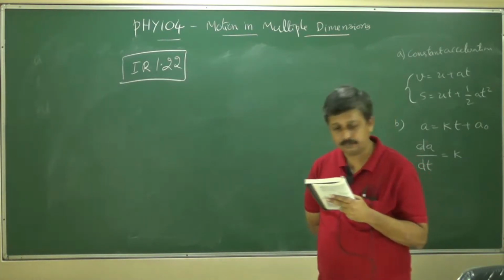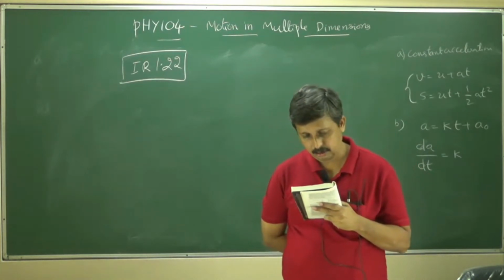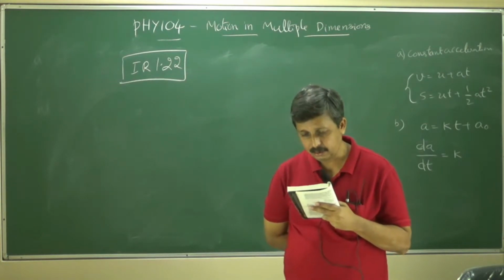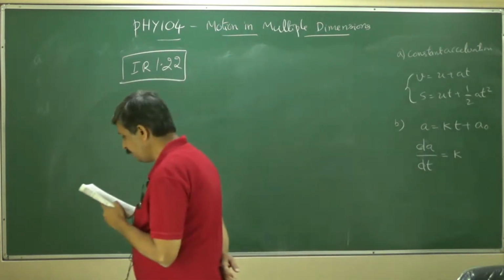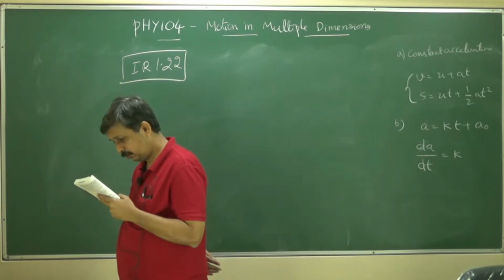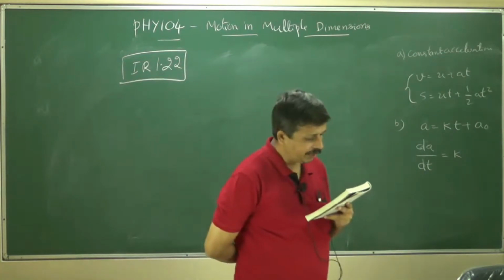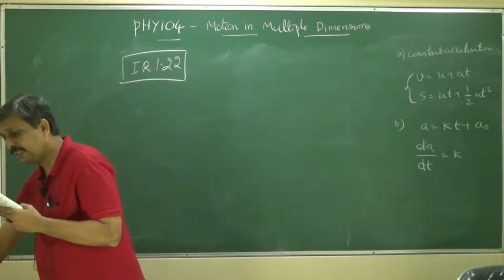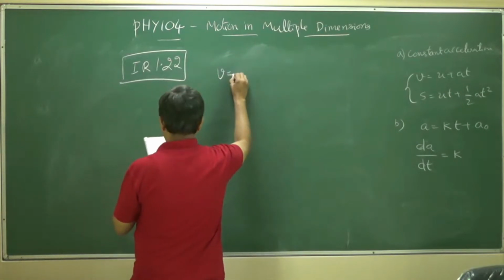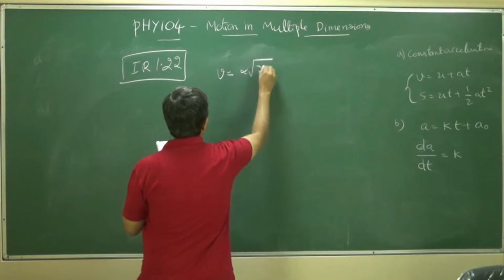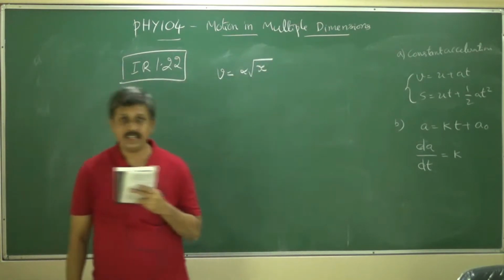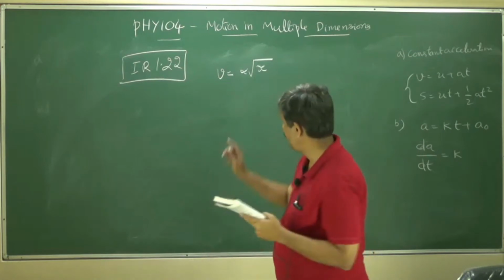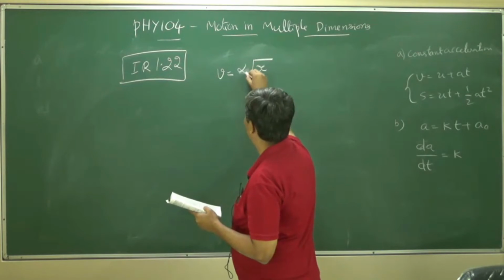The velocity of a particle moving in the positive x direction varies as v is equal to alpha root x, where alpha is a positive constant, not x.